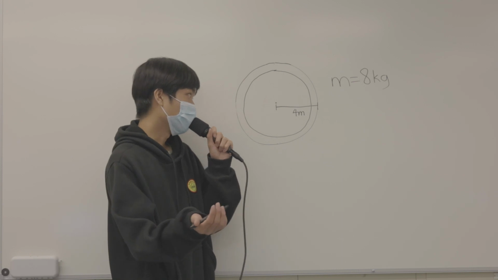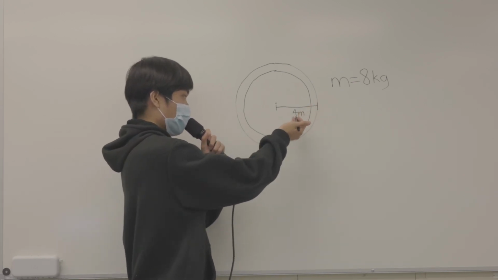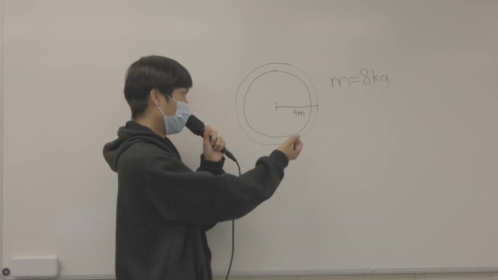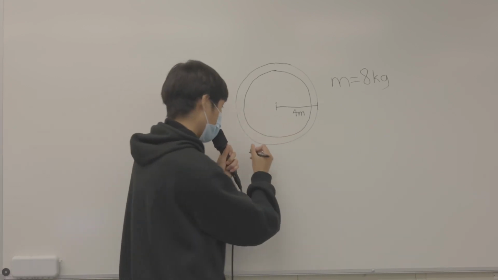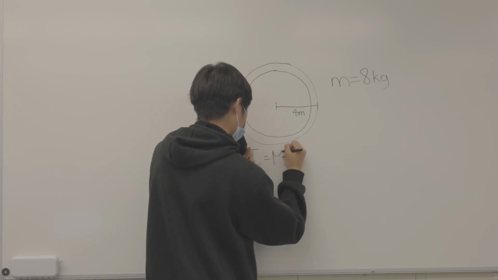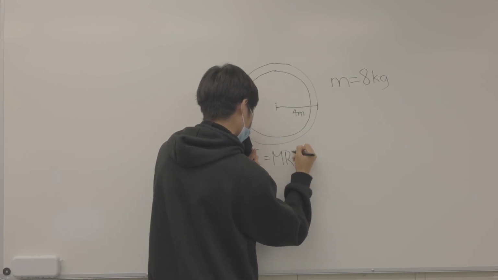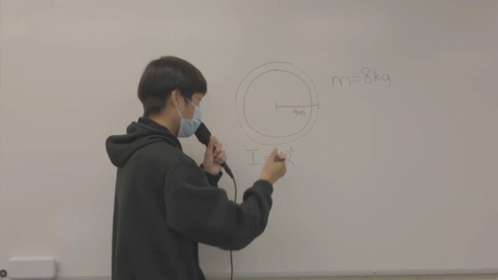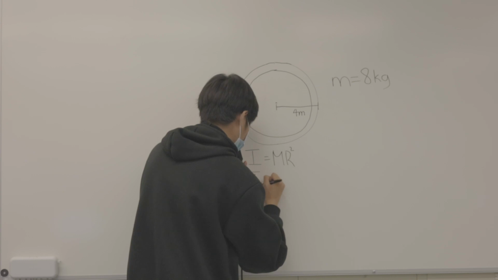In this example problem, we have an 8 kilogram hoop with a radius of 4 meters. The moment of inertia of a hoop is inertia equals mass times radius squared. Now, looking at the picture, we just want to plug in the values.